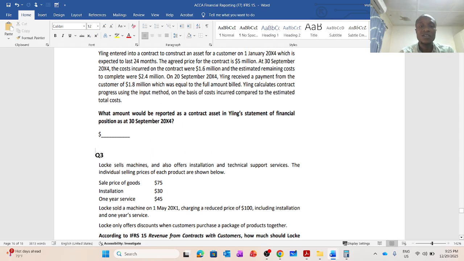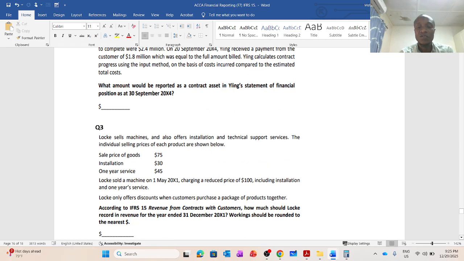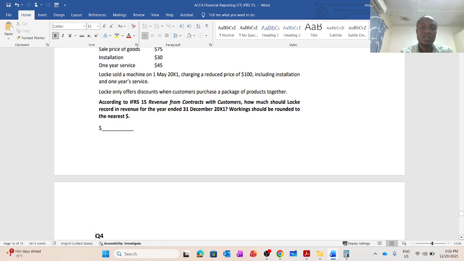Also, question 3, according to IFRS 15, revenue from contracts with customers, how much should L record in revenue for the year ended? This is step 1. Sorry, step 3, the amount that we are going to recognize as revenue. Very clear. Look at the question. Very simple and very straightforward. So we need to look at it as well.